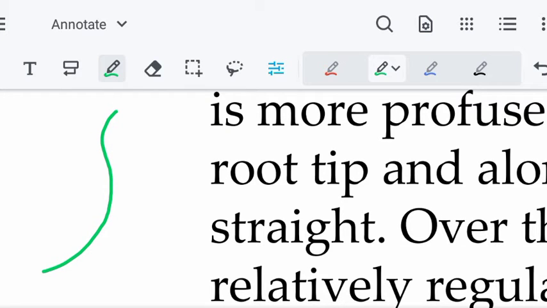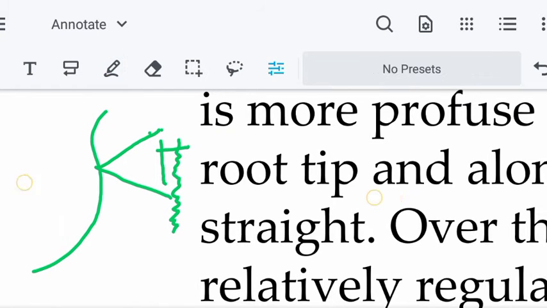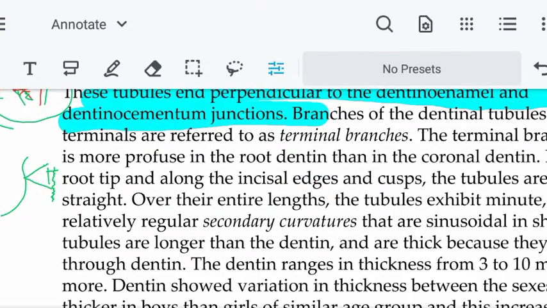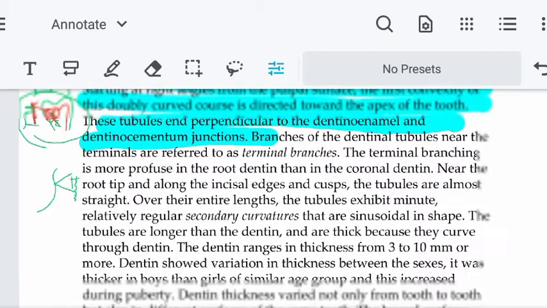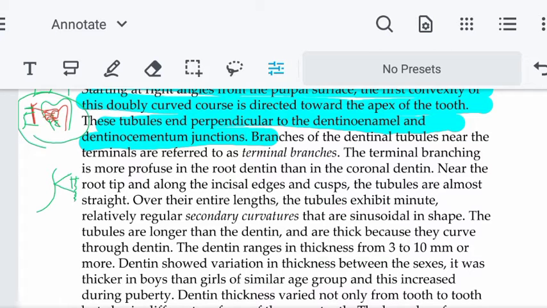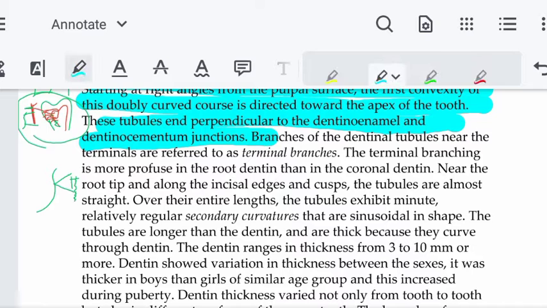If we zoom out this portion here, you'll see that these also contain minute small secondary curvatures. These secondary curvatures are called undulations, secondary undulations. These are sinusoidal in shape. These are secondary curvatures. Important point to be noted down.